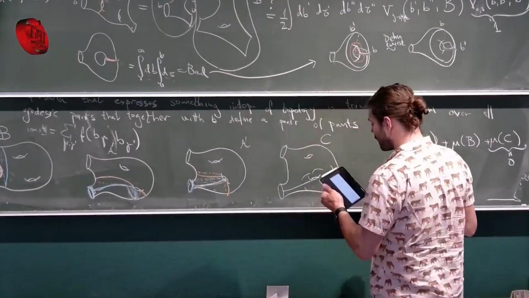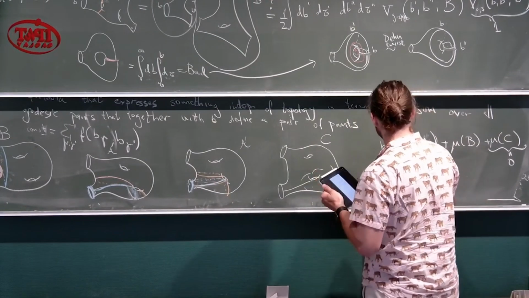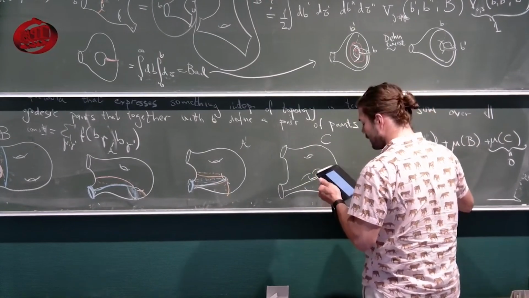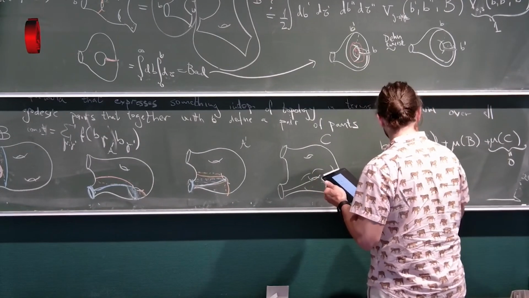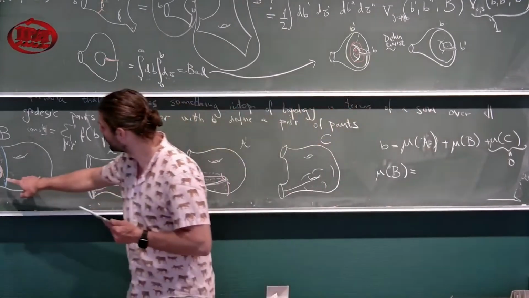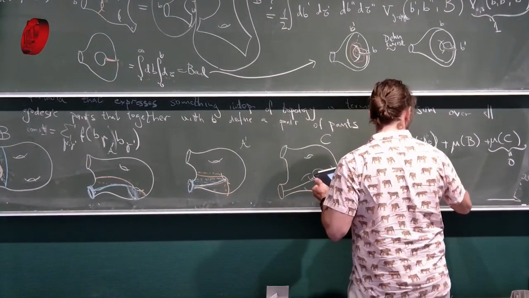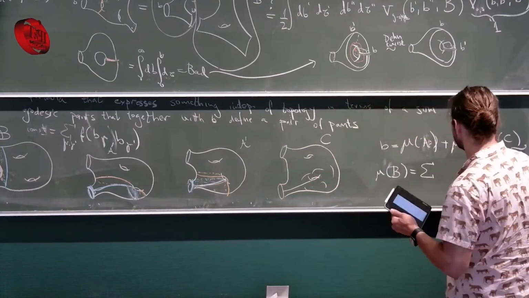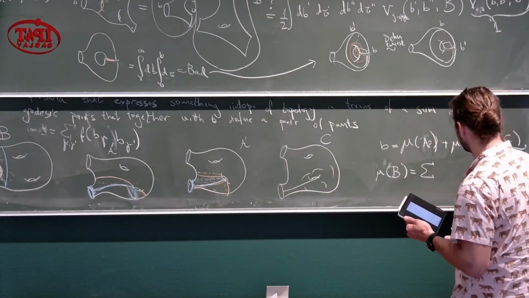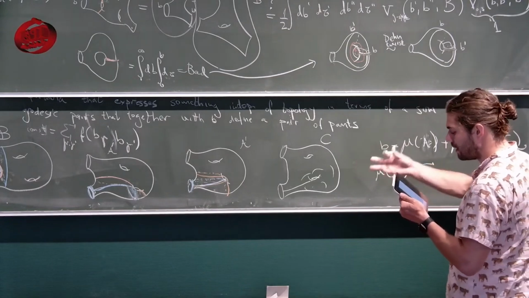So, for instance, mu of A, mu of B, that was this case. It's a sum over geodesics that define different pairs of pants.